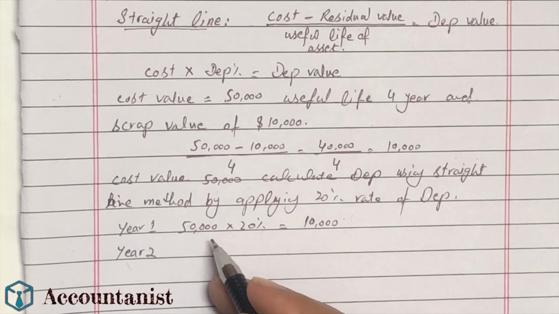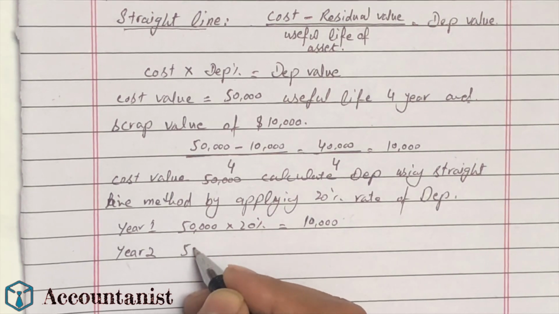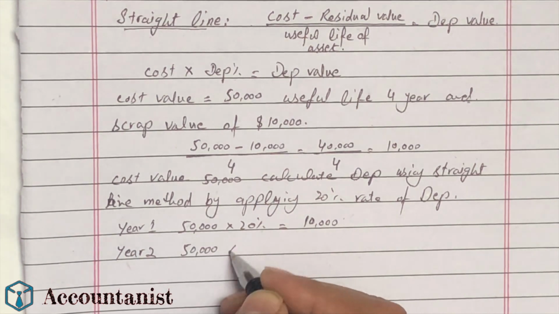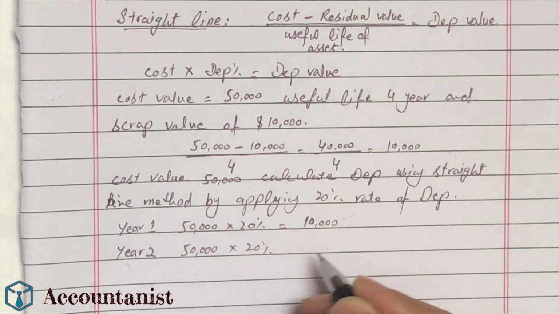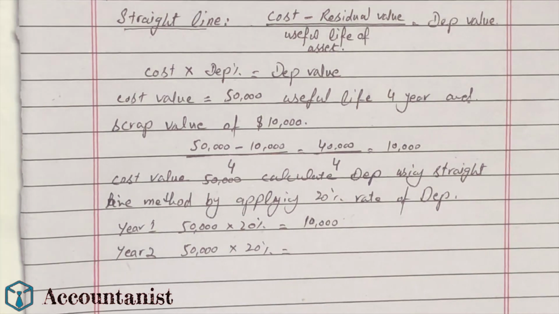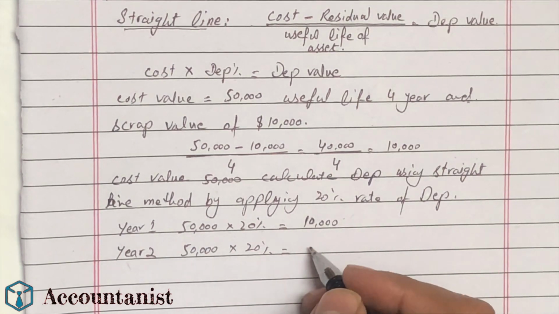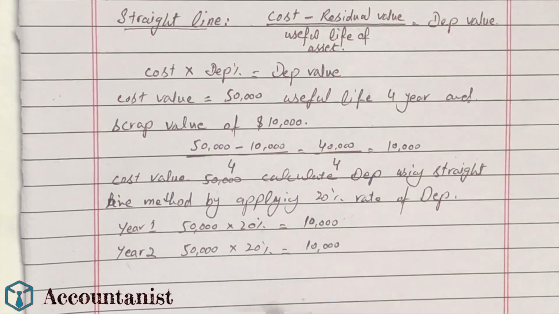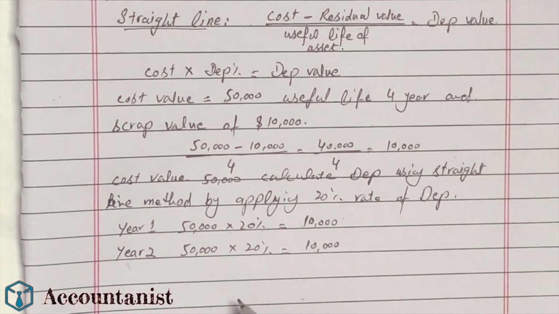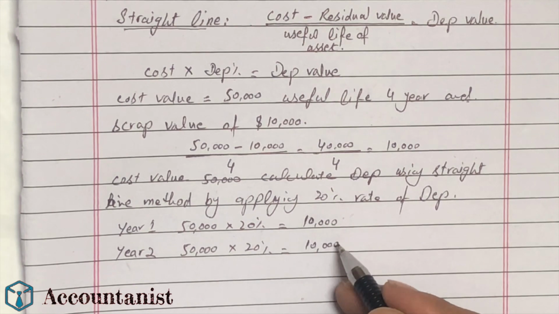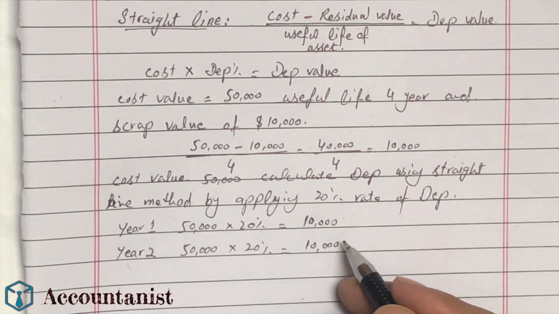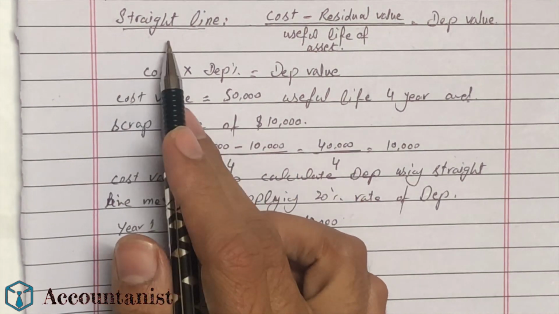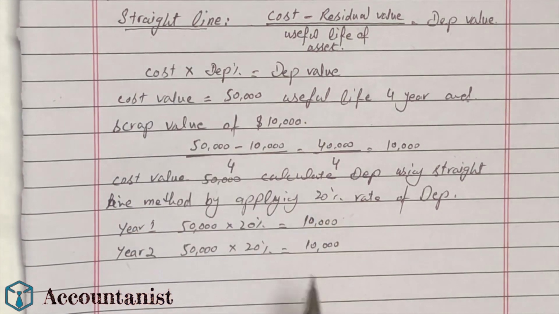As the cost is not going to change over the years, applying the same depreciation percentage will give us the same amount of depreciation every year. Because the depreciation amount is not going to change, that's why this method is called the straight line method. So once we calculate the depreciation, it will remain the same over the years.